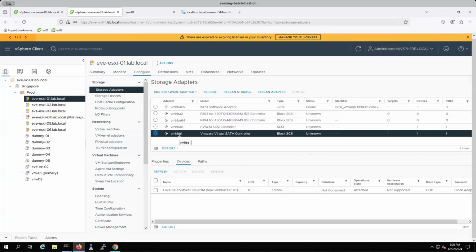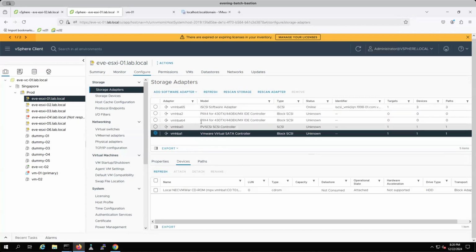So any card that you put in with reference to storage, be it an iSCSI card or a Fibre Channel card or whatever it is, the prefix for the naming convention will be VMHBA, followed by the number that VMware gives. This is how the naming convention is.